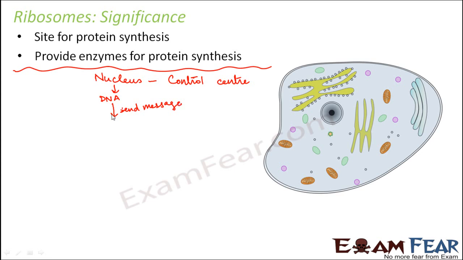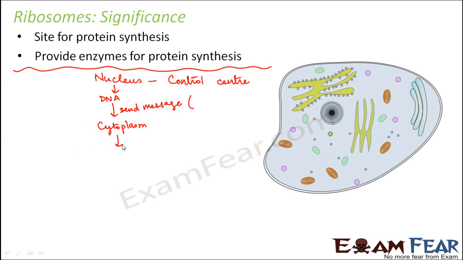DNA sends the genetic information it has to the cytoplasm, that is, outside the nucleus. A process of transcription takes place and messenger RNA is formed. This information is sent out of the nucleus through the nuclear pores, and then to the cytoplasm.